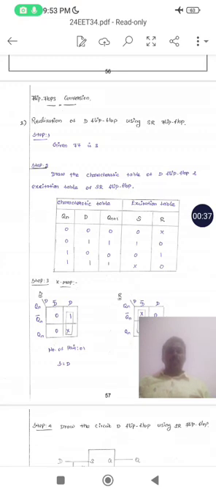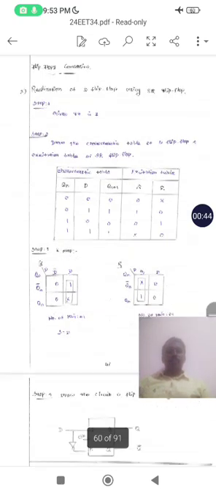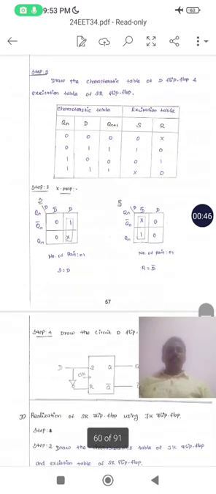First, the D flip-flop using SR flip-flops. In the steps, the two flip-flops we are using have basically two types of tables: the characteristic table and the excitation table.